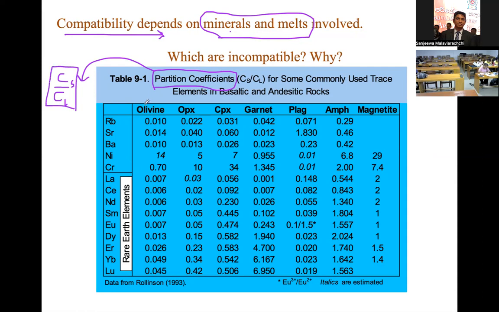So we have different phases: olivine, OPX, CPX, many phases are there, right? And these phases can be available in different melts, in different systems, right? For example, it can be a basaltic system, or an andesitic system, or even a granitic system. That means the system is different. System means the overall composition of that particular igneous environment, right?